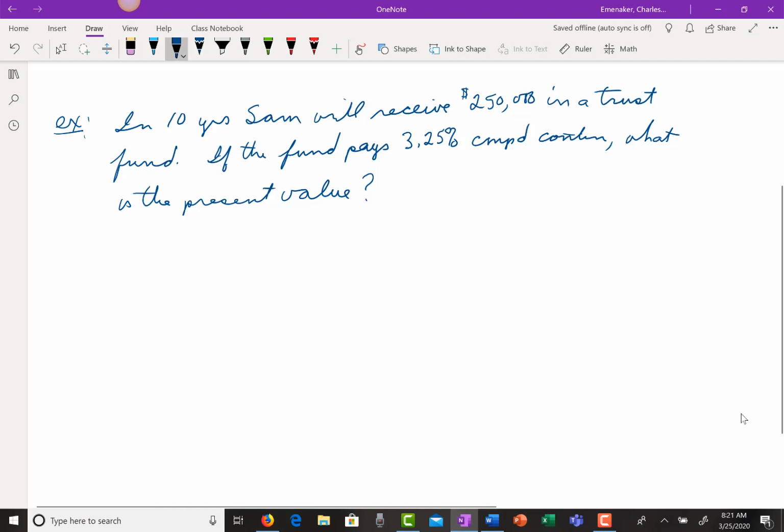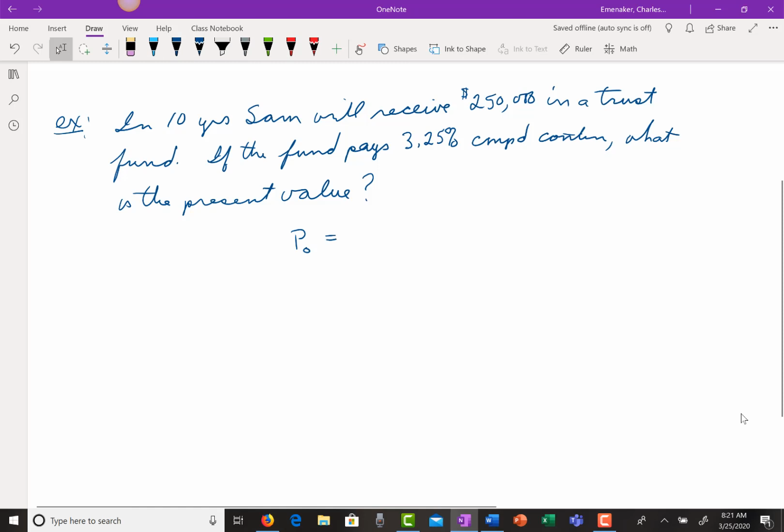Okay. Another way of phrasing this is, if Sam's grandparents want to set up a trust fund where in 10 years he will receive $250,000, how much do they need to invest today so that it will grow to $250,000 in 10 years? Well, this makes reference to the formula we just looked at because it is a one-time investment.